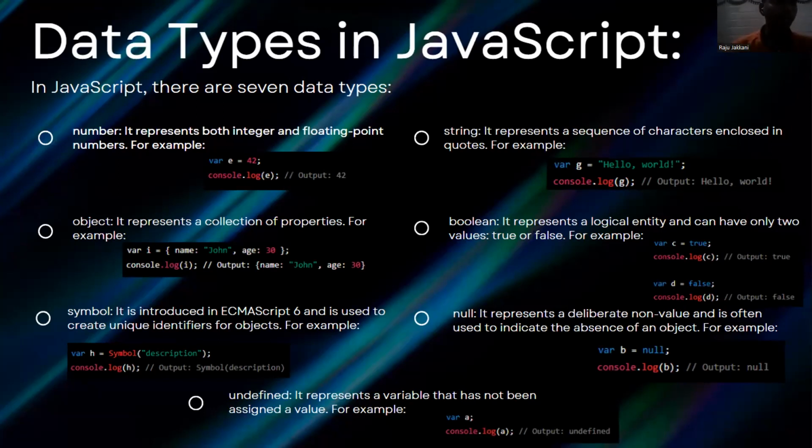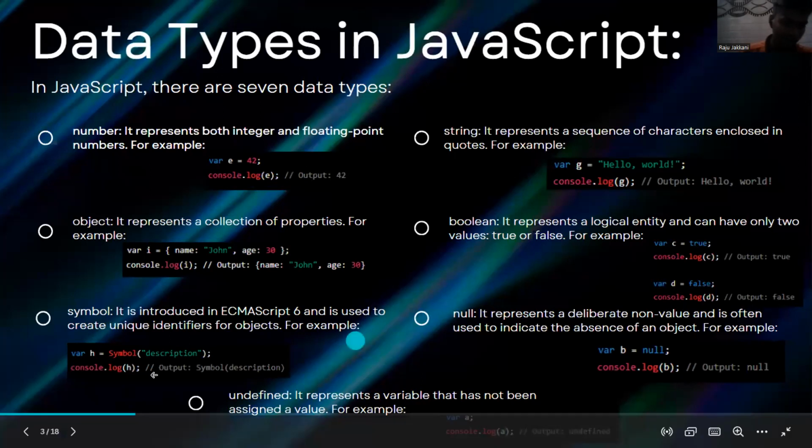The next is symbol. It is used to create unique identifiers, which means we can create a unique description. For example, var h equals to symbol, where we have declared the symbol with a description.